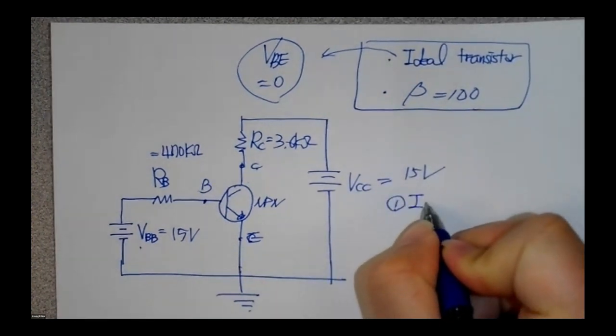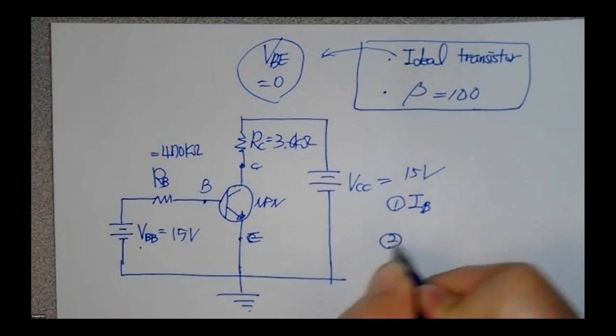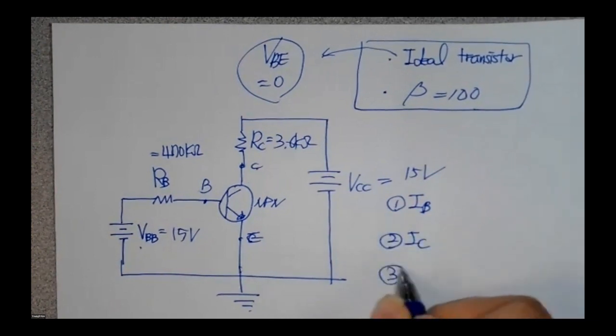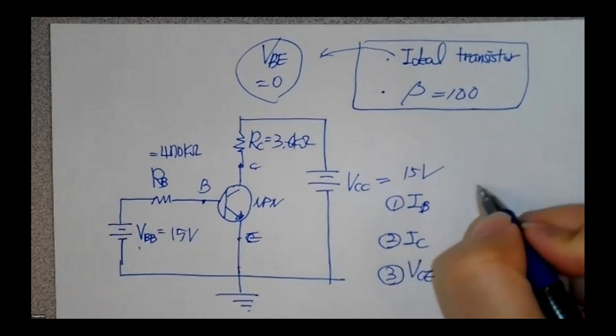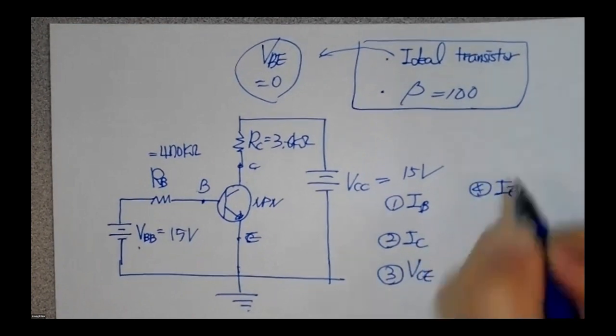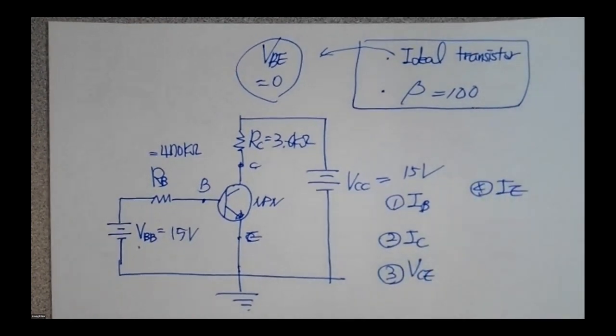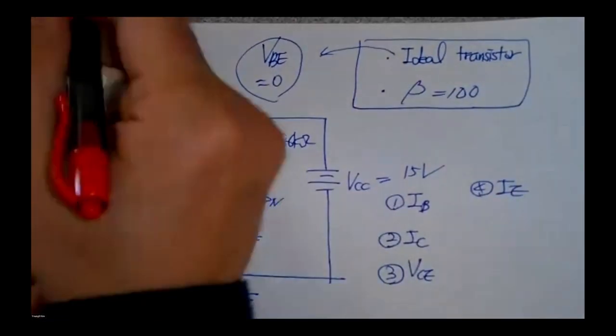What is the I sub B? What is the I sub C? What is V sub CE? And what is I sub E? That is question 3.